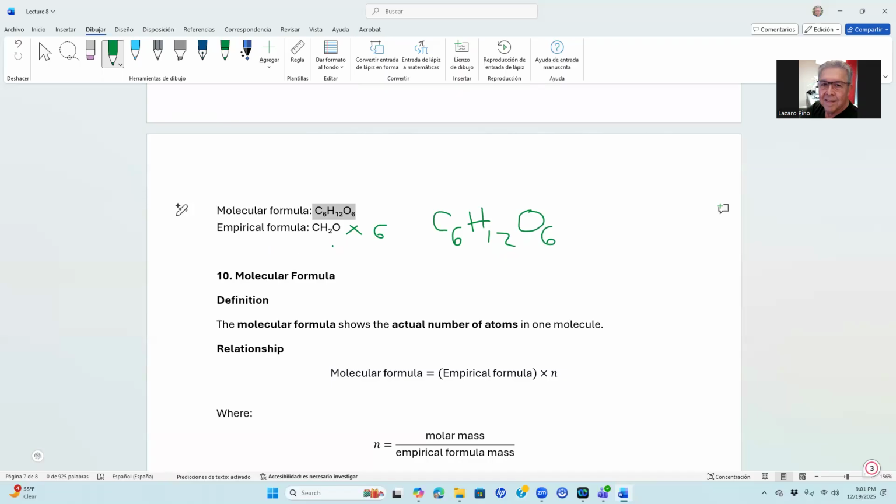Because 6 times 1 is 6, 6 times 2 is 12, and 6 times 1 is 6. Then this is the molecular formula. Okay?